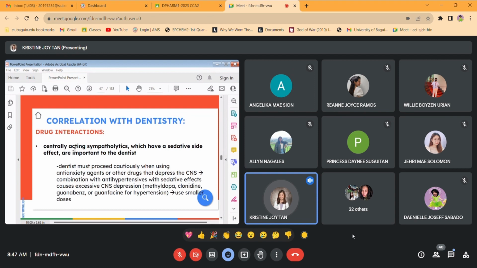Yan. Central acting sympatholytics which have a sedative side effect are important to the dentist. So the dentist must proceed cautiously when using anti-anxiety agents or other drugs that depress the central nervous system kasi in combination with antihypertensives with sedative effect will result in excessive CNS depression.